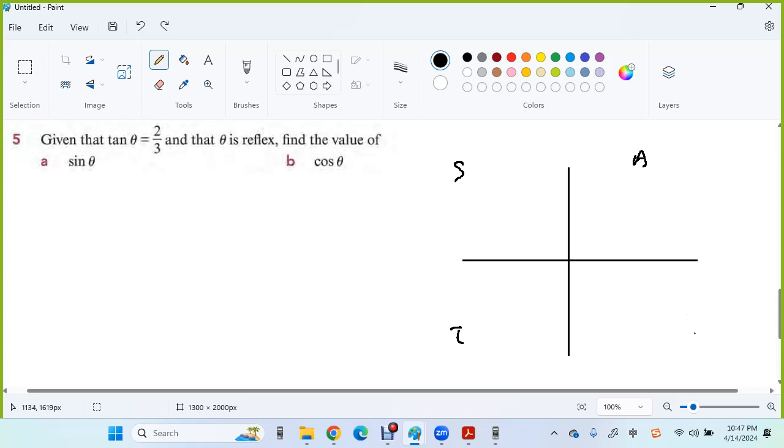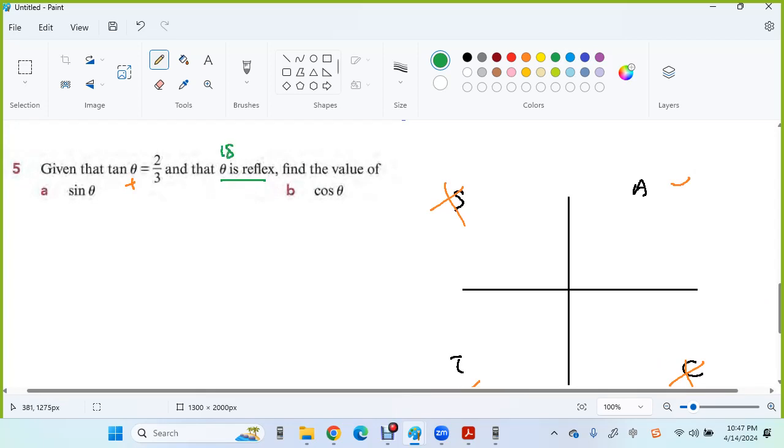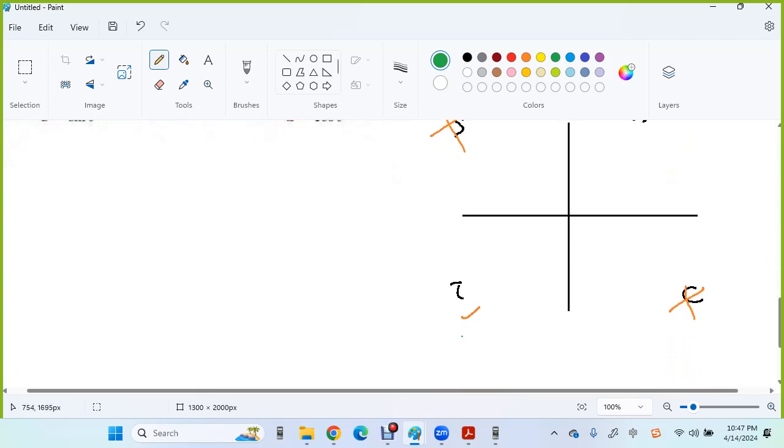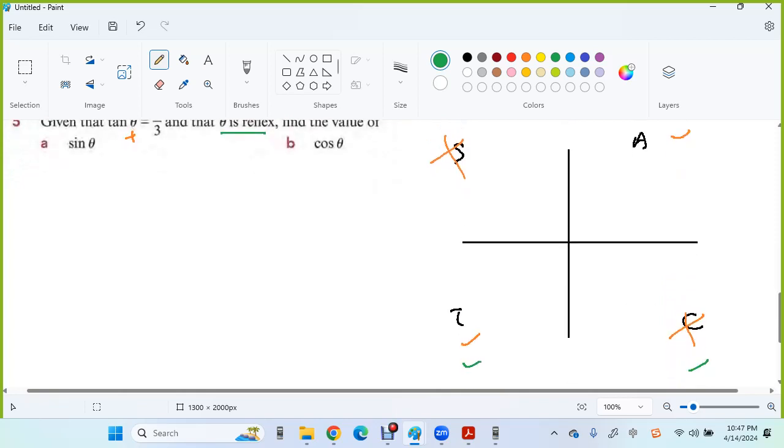Tangent is positive, so it will be the first and third quadrant. And it says that theta is a reflex angle. So we know that a reflex angle is actually 180 degrees until 360 degrees. So it can be these two, but this one cannot already. So it will fall in the third quadrant.